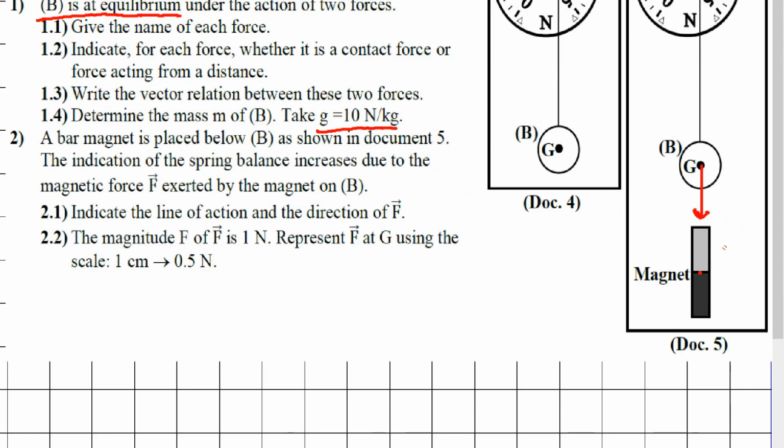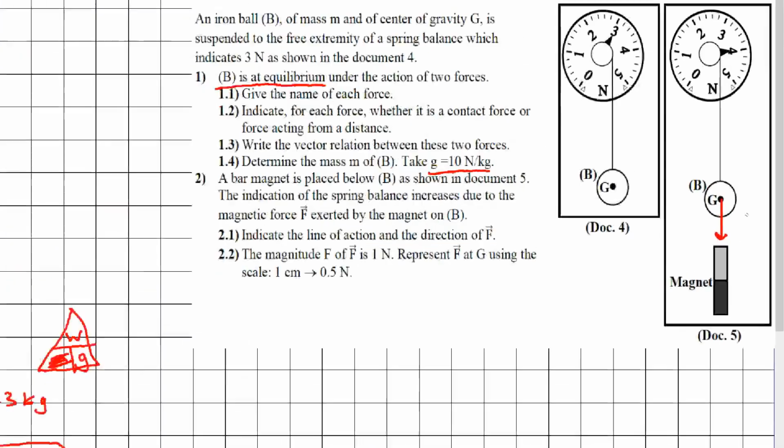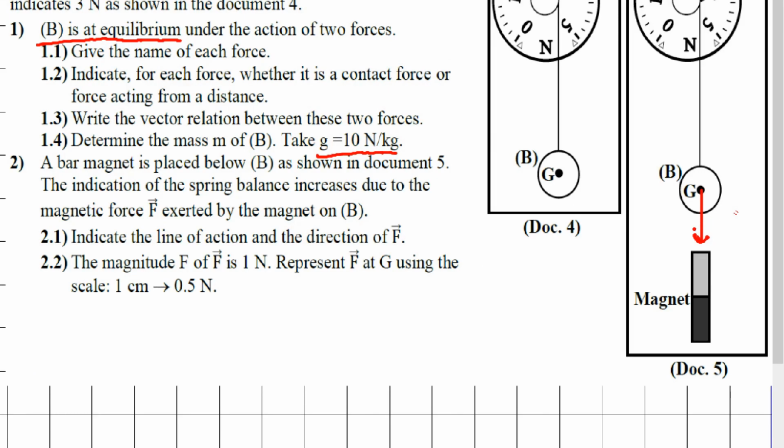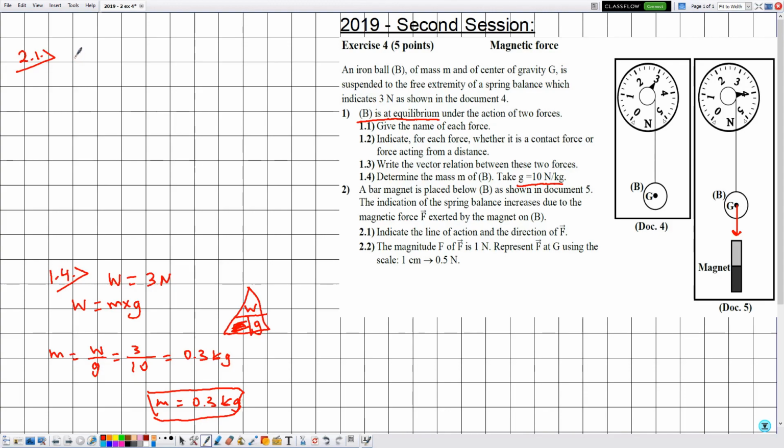Knowing that this point represents the center of the magnet, we can deduce that the line of action is vertical, and the direction is downward.